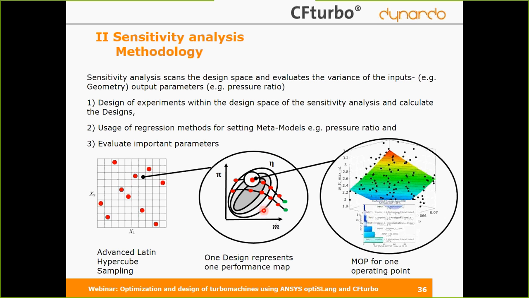Once everything is calculated, you can use regression models, set up meta models, for example, for one operating point. For example, the maximum pressure ratio of a speed line, maximum efficiency of a speed line, and then setting up a meta model for that. And with the help of these meta models, we can evaluate which are the important parameters for these responses, for this pressure ratio, for example.